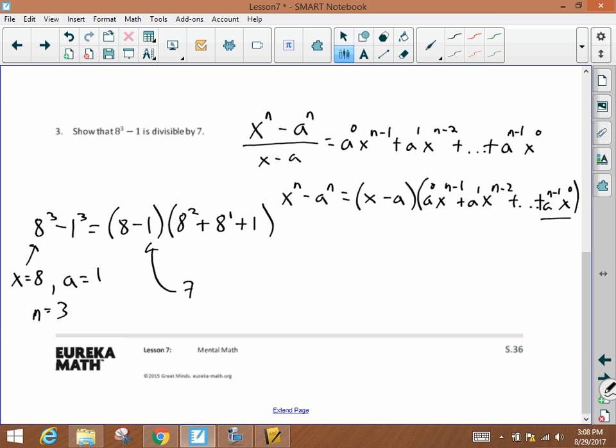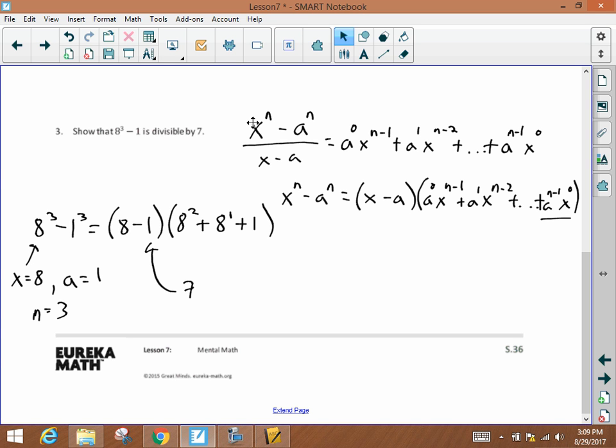That's 7, right? So then we can also express this as 7 times 8 squared plus 8 plus 1, which clearly shows then that that is divisible by 7. In other words, 7 is a factor of 8 cubed minus 1.